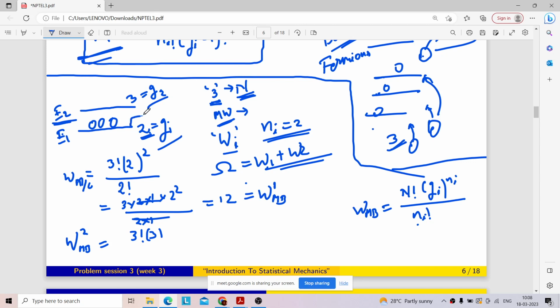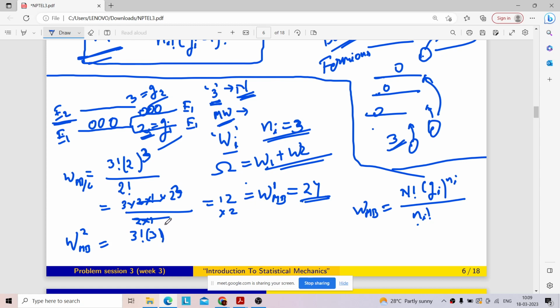Or you can say there are 3 degenerate energy levels, each with energy E2. So now I can put 3 particles in any of the single states. So ni is 3 for me. So this is 3 now. So it's multiplied by 2, is 24. So the first state is 24.